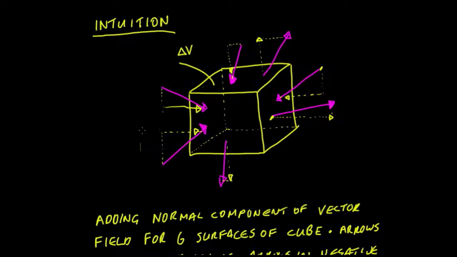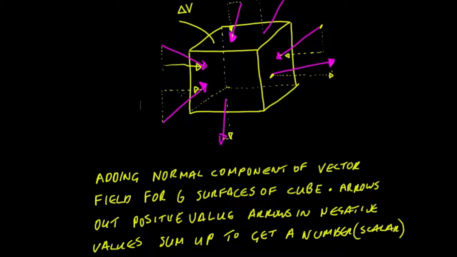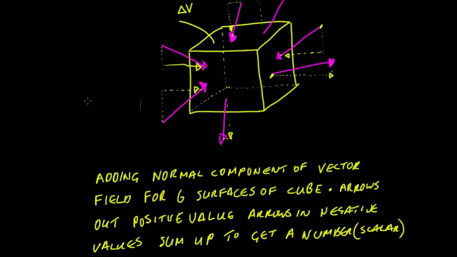And if the value of the divergence is negative, it means that there's more liquid flowing in than flowing out, which means that the field would feel like a compression. So that gives us an intuitive understanding of what we mean by the flux at a single point.